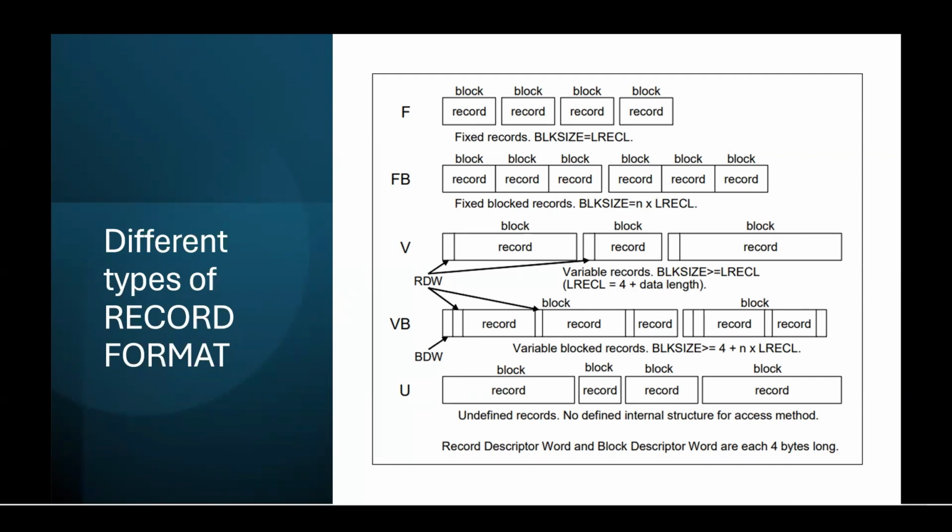In the variable block, we have a record descriptor word, and also a block descriptor word. So this is how it looks. At the starting of each block, we have the BDW, and at the starting of each record, you have the RDW. And undefined is very simple: there is no internal structure for the access method, it is just a normal record.